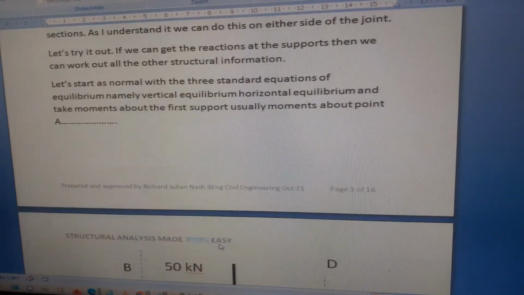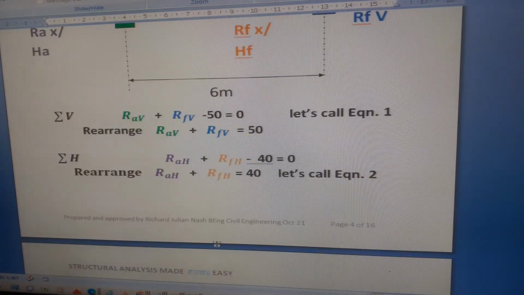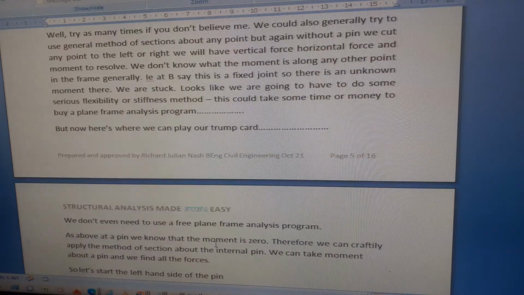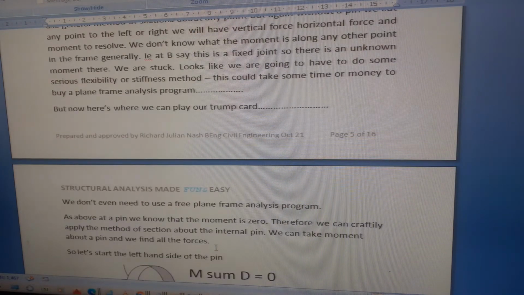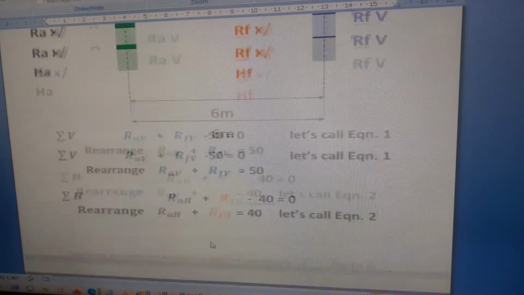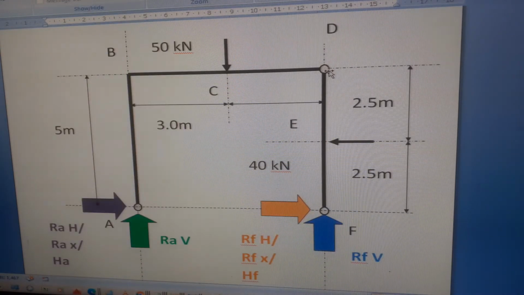In the previous videos we worked out the vertical reactions, because we have 3 equations of equilibrium, but we have 4 reactions. We can't find the horizontal reactions, but luckily in this frame we can take the method of sections about point D, because the moment about D must be 0.